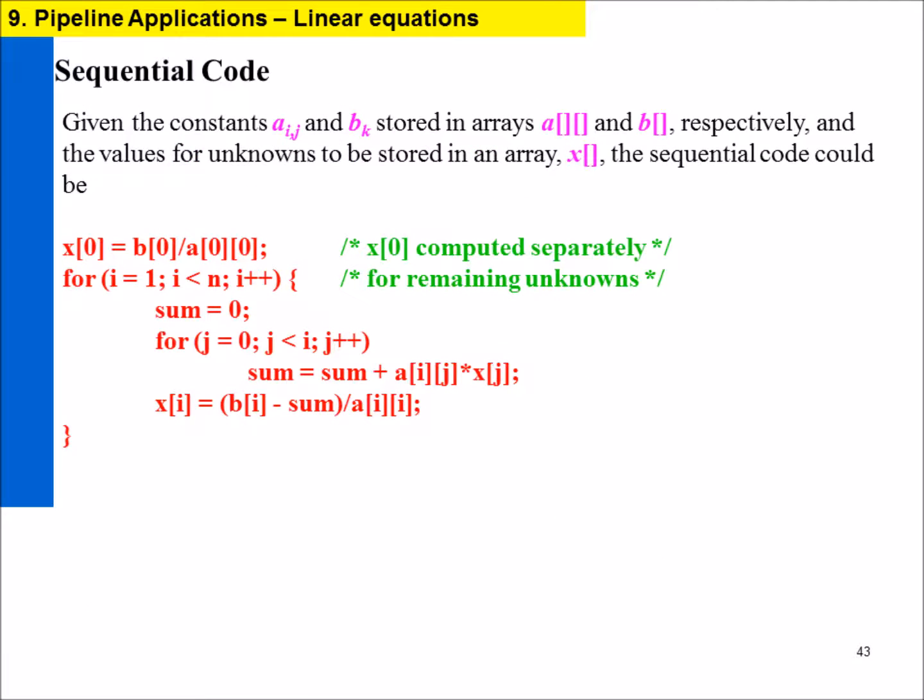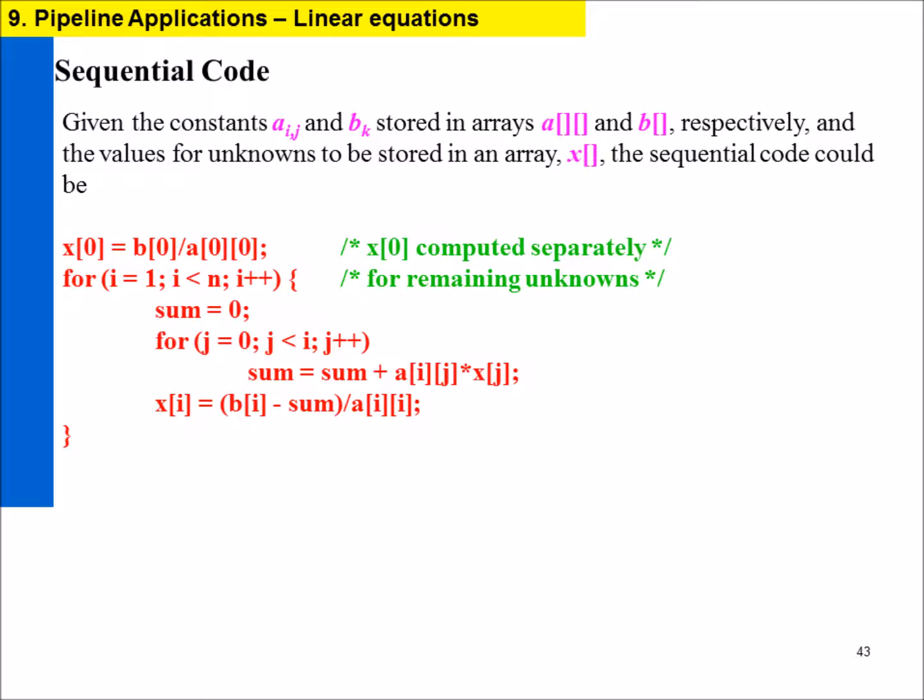Here's an example for the sequential code. Given the constants aij and bk stored in arrays a and b, respectively, and the values for unknowns to be stored in the array x, the sequential code then looks like what is shown here. You have x sub 0 equals b sub 0 divided by a sub 0,0.